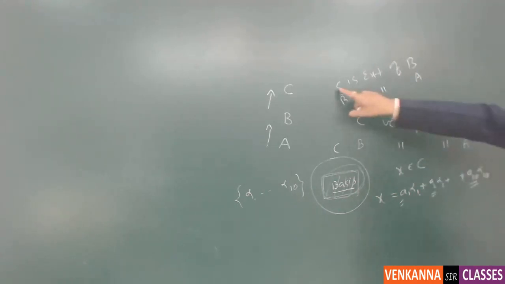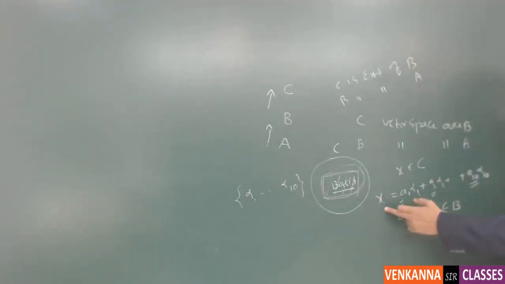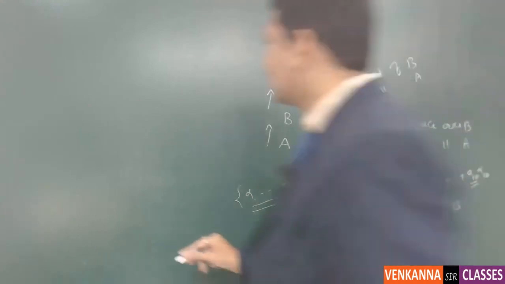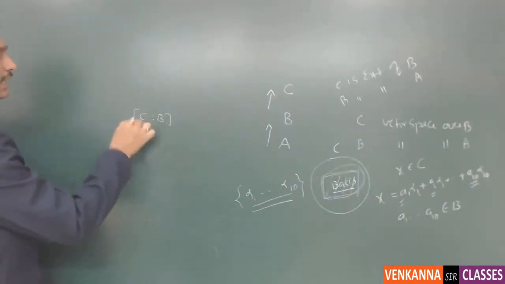Since C is a vector space over B, these scalars will belong to B. In other words, X is written as number into vector plus number into vector plus so on. This is the actual context here. So if the basis contains 10 elements, then mathematically we denote that the dimension of C over B is equal to 10.